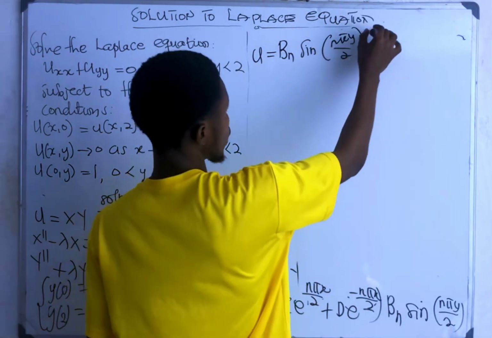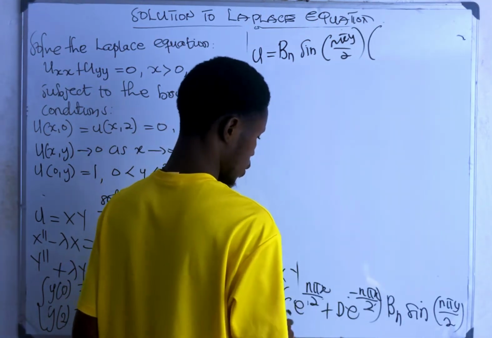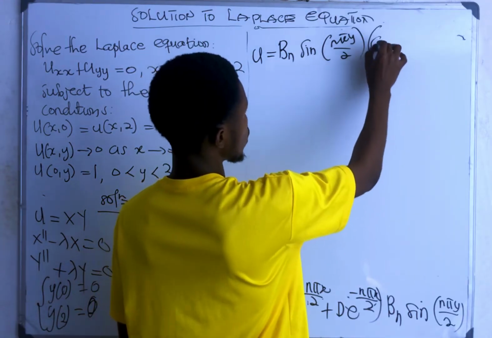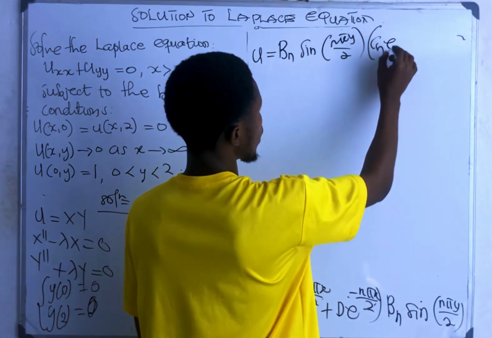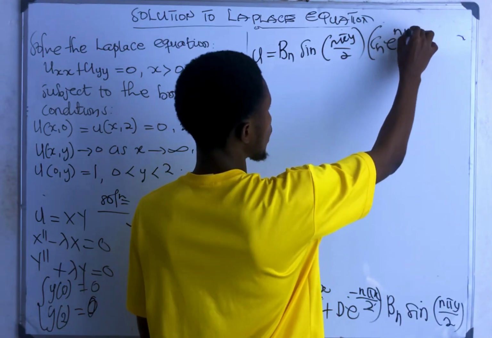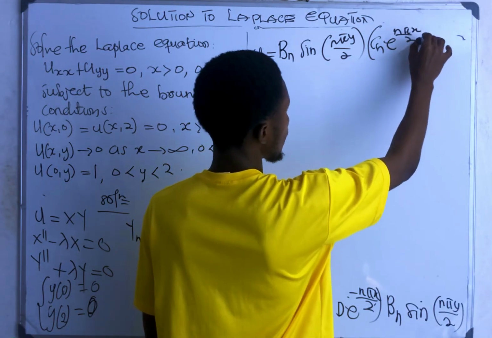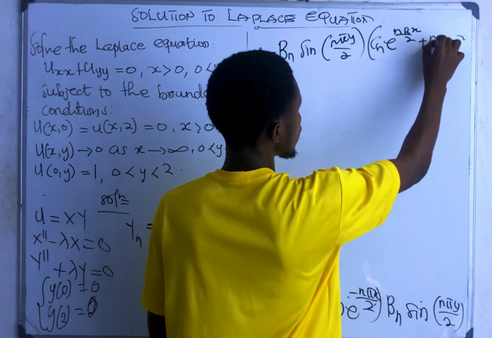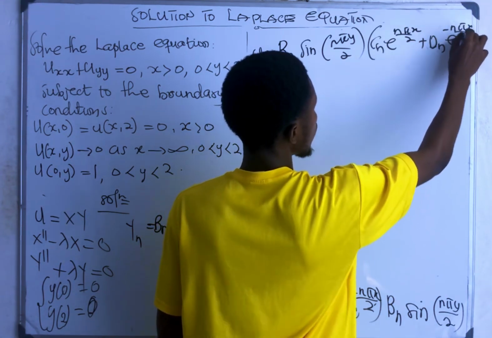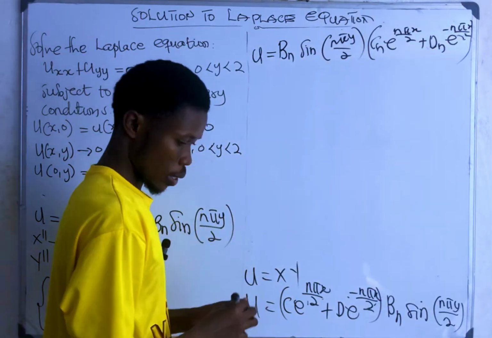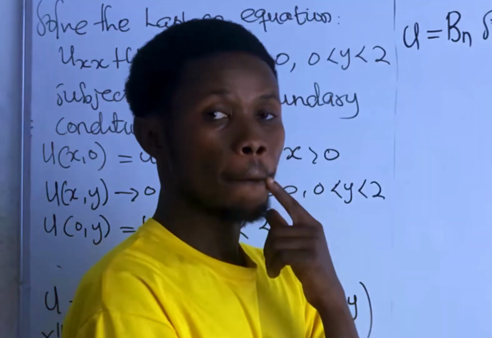Then I will open the brackets. Then this one comes in, cn e to the power n pi x over 2 plus dn e to the power negative n pi x over 2. You close brackets so that I can clean this side.